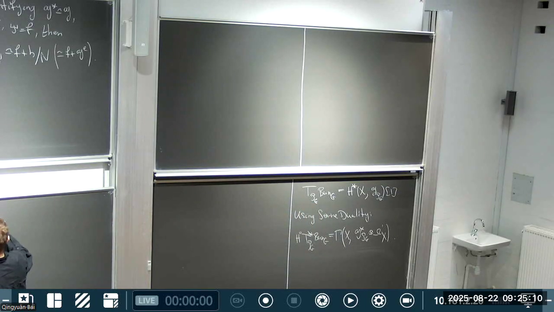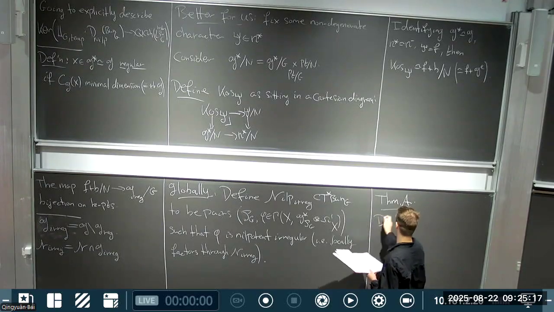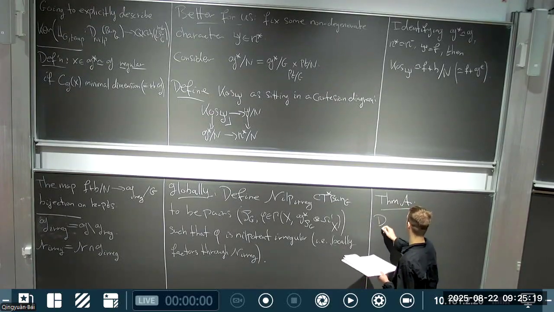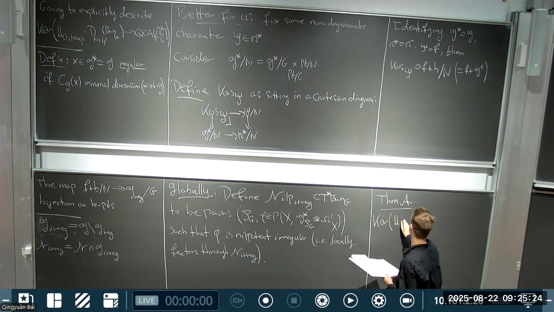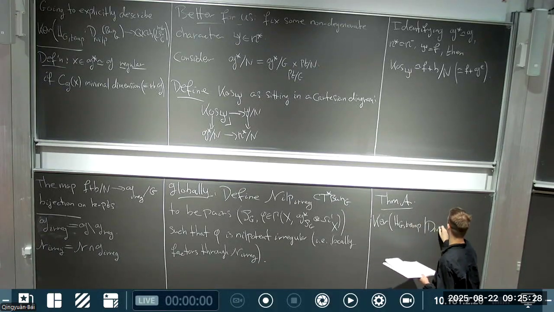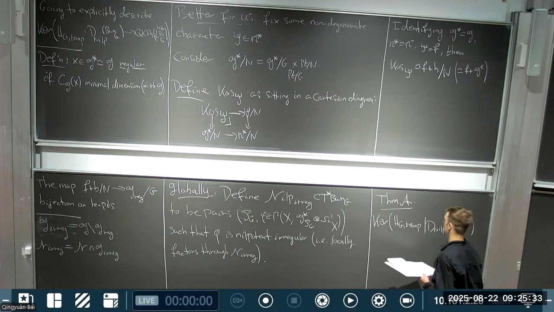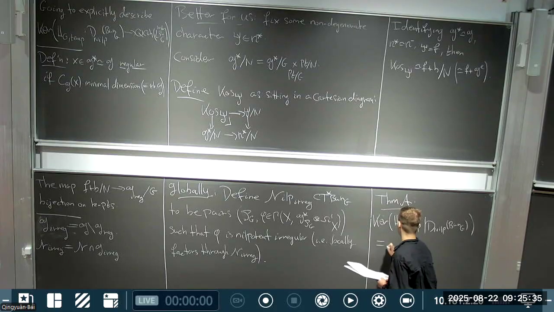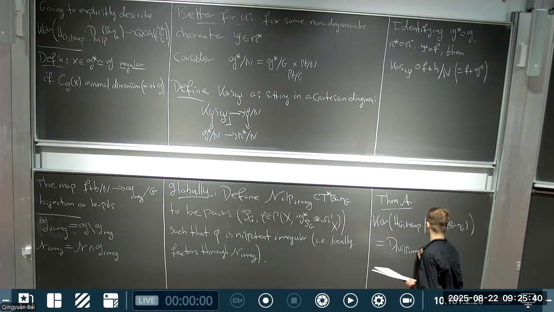Theorem A: we have an identification between the kernel of the Langlands functor restricted to nilpotent D-modules and the category of D-modules whose singular support is contained in this nilp irrec.